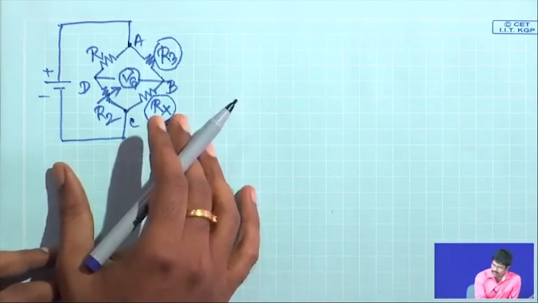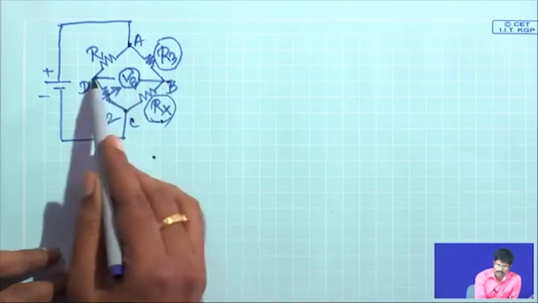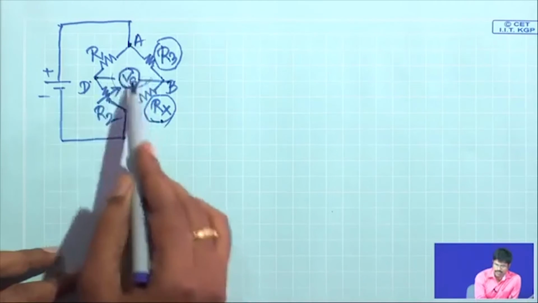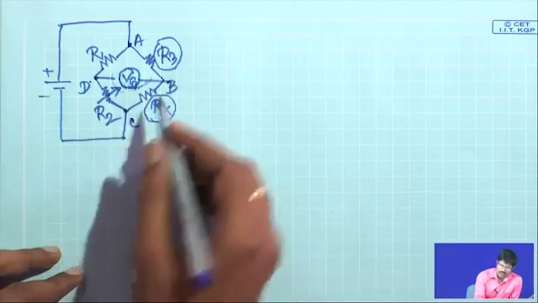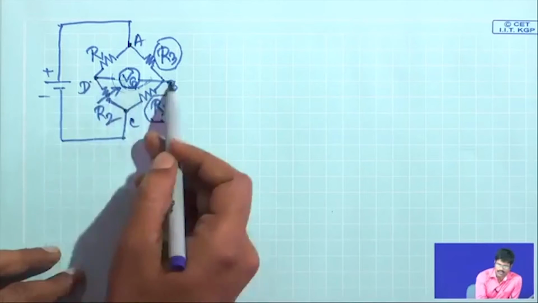Now, under certain condition, there will be no current between the points B and D, that can be measured by this instrument here. So, you change this variable resistance in such a way that ultimately there is no current between these two.